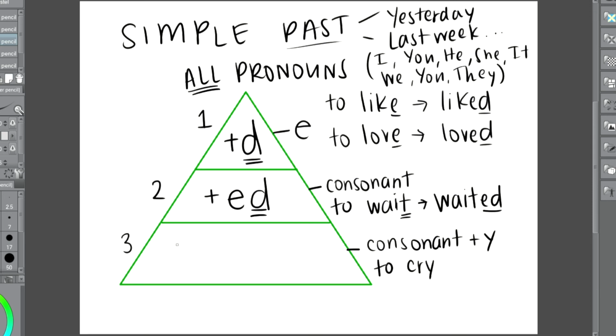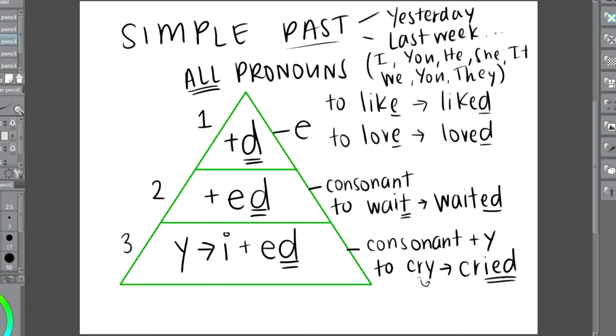For any verb that ends with a consonant followed by the letter Y, we will turn the Y into I, and we will add ED. Again, ending with the D. So the verb to cry becomes cried. IED.